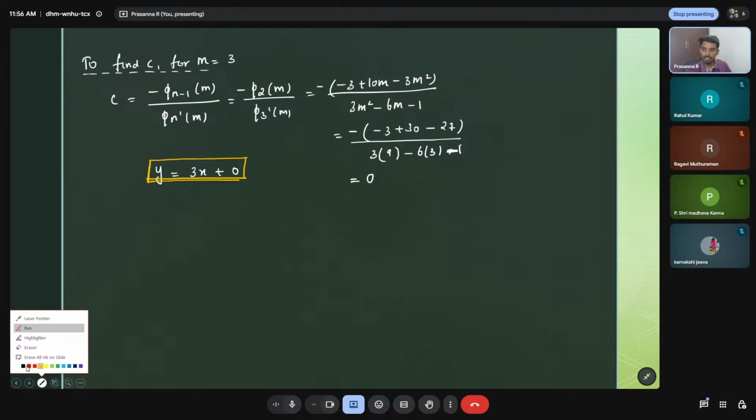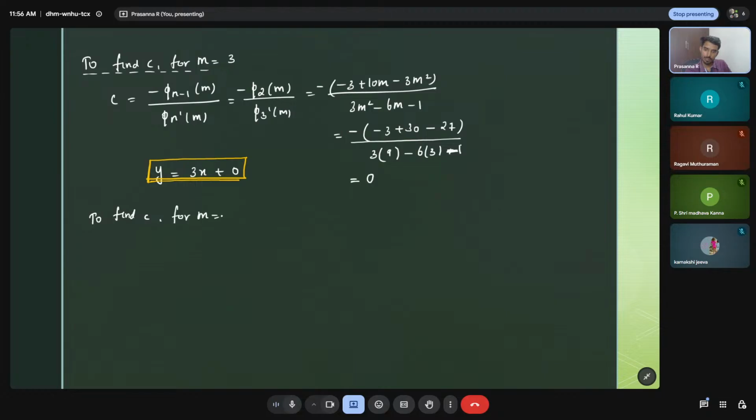Now to find c for m is equal to minus 1, c is given by minus P2 of m by P3 dash of m. So minus P2 of m is minus 3 plus 10m minus 3m square, divided by 3m square minus 6m minus 1.